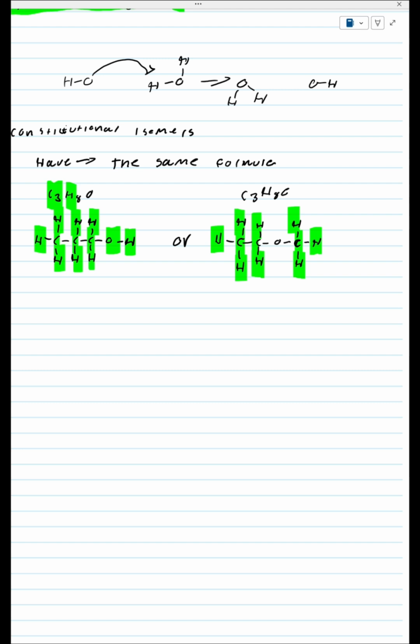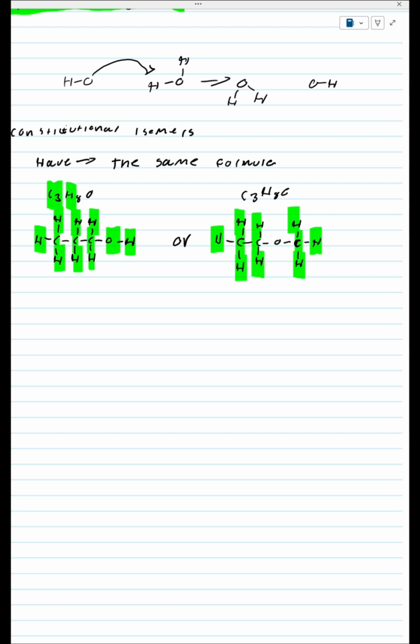The next topic we're going to talk about is called structural theory. If you would have noticed in the last example, my oxygen always had two bonds, and carbon always has 4. So this is a fundamental concept in organic chemistry.